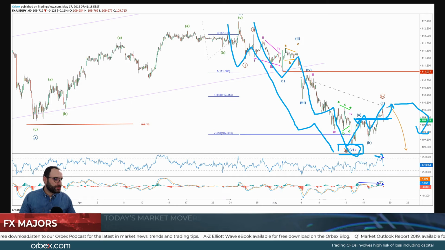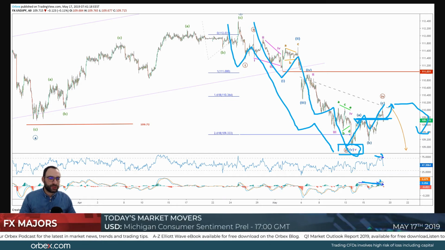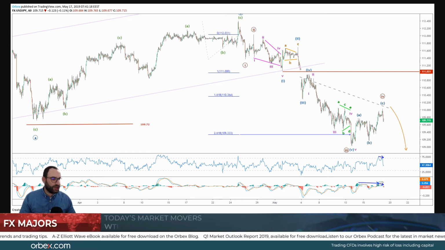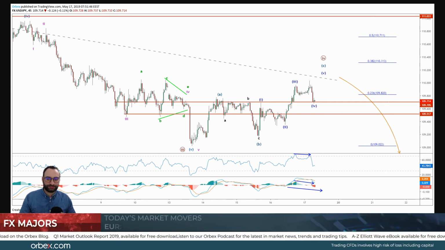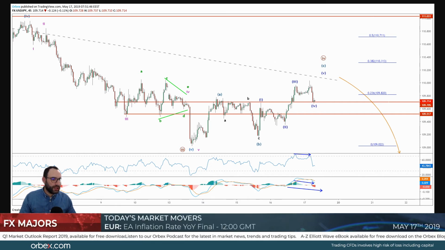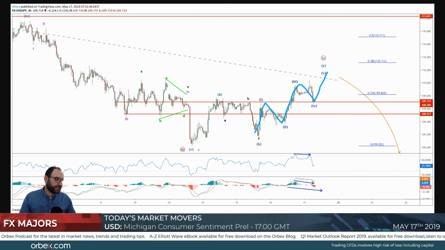Of course, we do see two signals on the market in RSI, so I will be a little bit cautious as to whether this is going to correct higher or not. Down on the 45 minutes, dollar yen, we are seeing this as a last impulse to the upside.